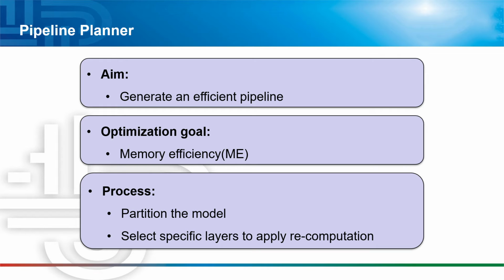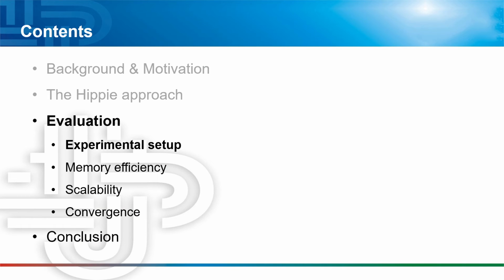A pipeline planner will not only partition the model to balance every stage, but also need to select specific layers to apply recomputation. The recomputation operation will reduce the memory overhead. Due to time constraints, the specific formula will not be explained in detail here, which can be referred to in the paper. Next comes the evaluation section.